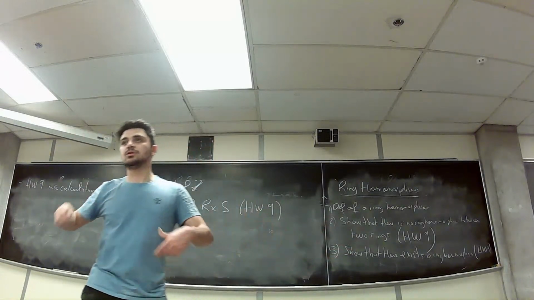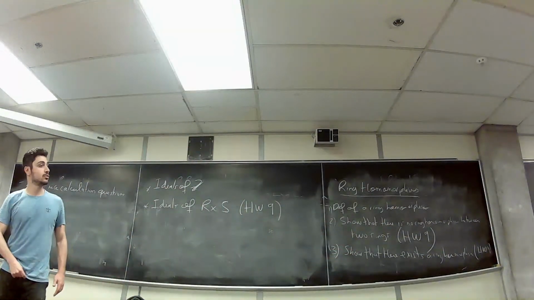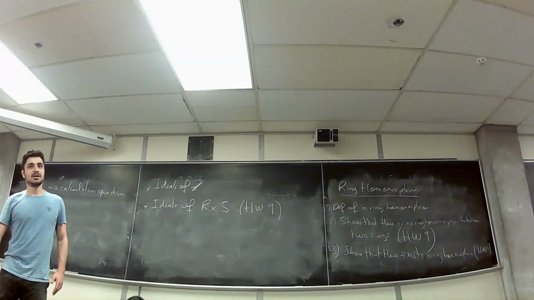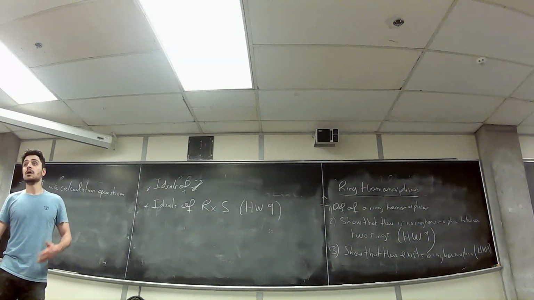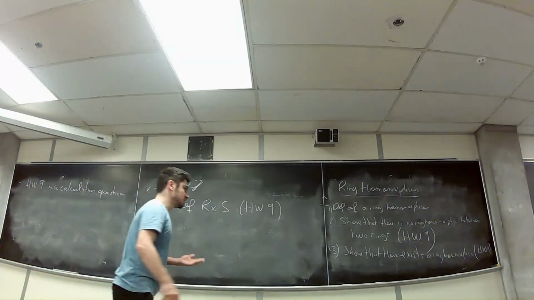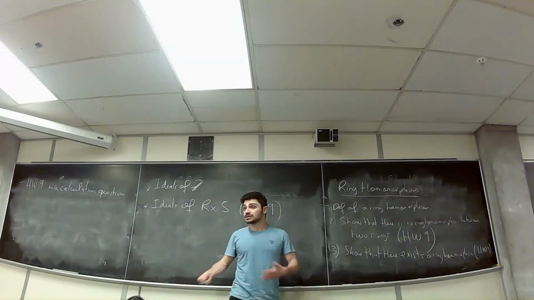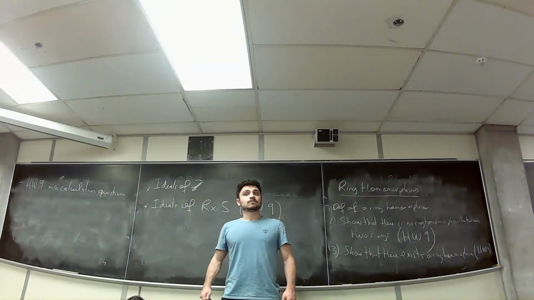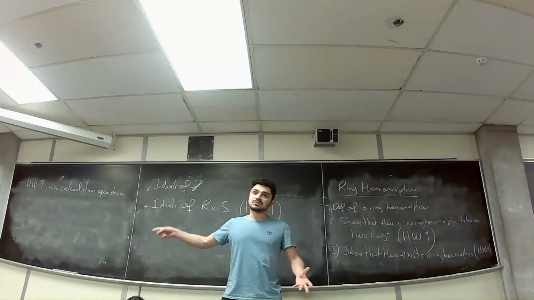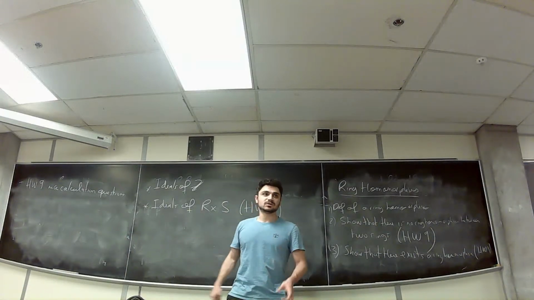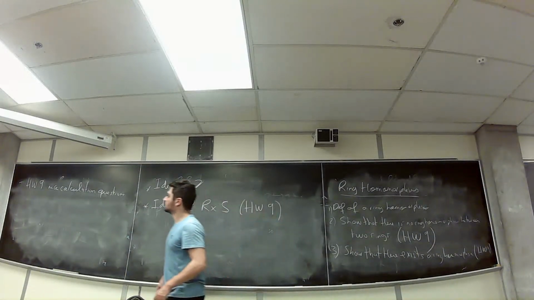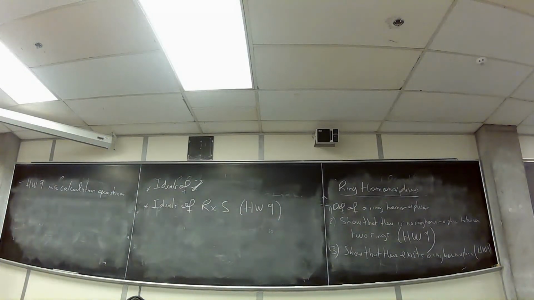For example, show that Q[root p] is not isomorphic to Q[root q] if p and q are distinct primes. Show that there is no homomorphism from Z[i] to Z mod 7Z, things like that. You can expect things like that in small calculations. I'm not saying it's going to be that, but you can expect things like that.